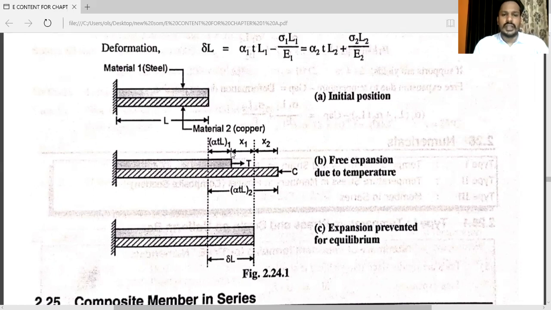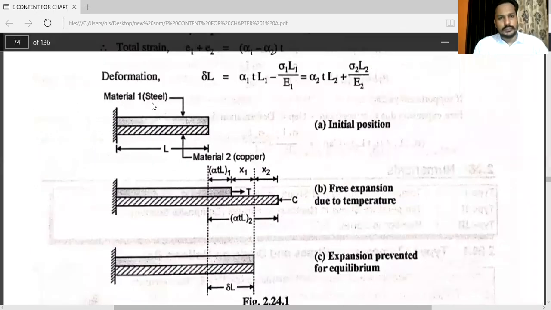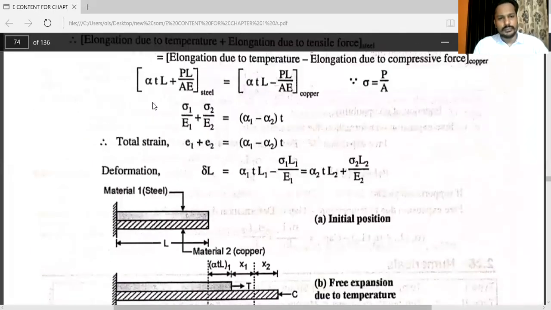This distance is X1, this distance is X2. Here you can see expansion prevented for equilibrium. This is the delta L. Expansion prevented for equilibrium, this is the third diagram. The diagram is very important to understand this concept.